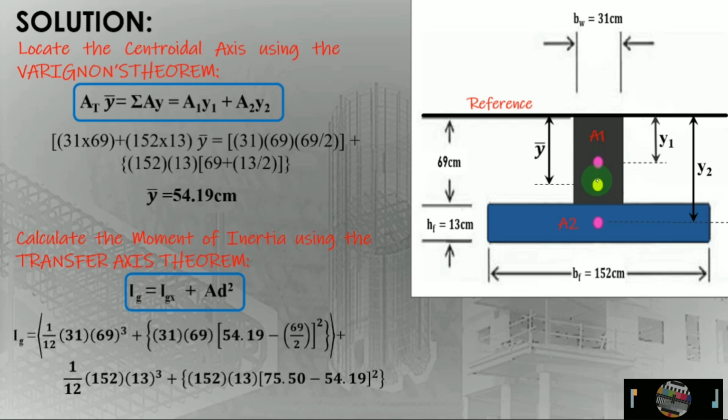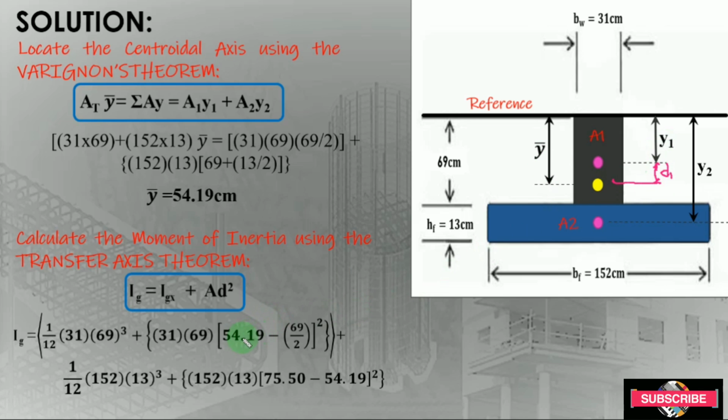Okay, so this is our distance, and we can denote it from this point as distance 1. Since we are considering area 1, this distance 1 is just the difference of your y bar minus this y sub 1.